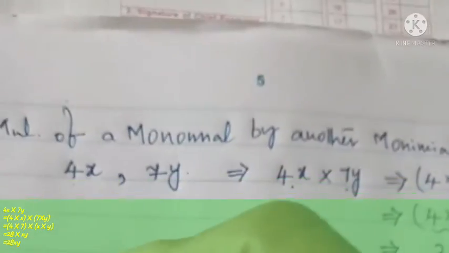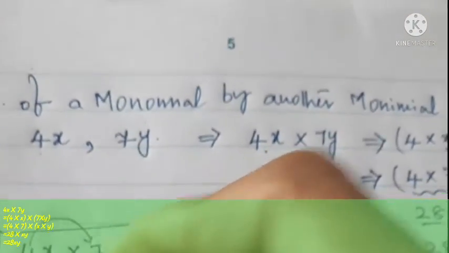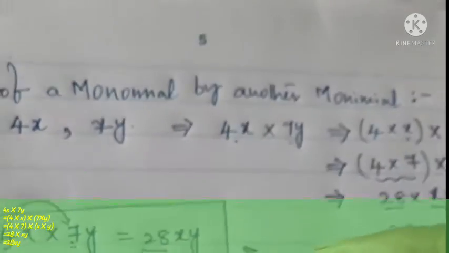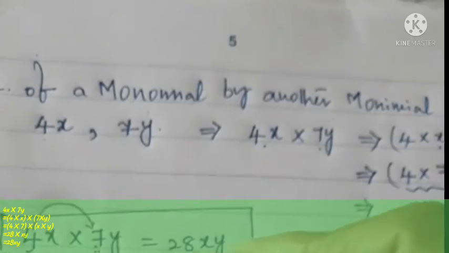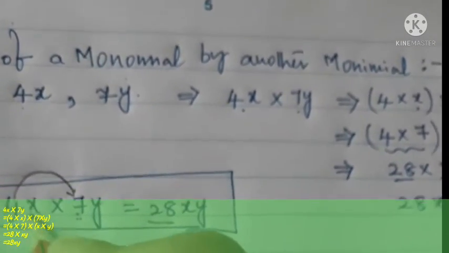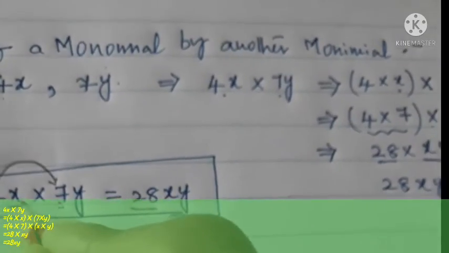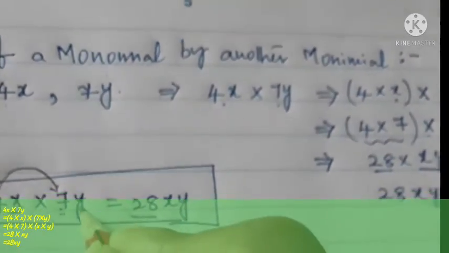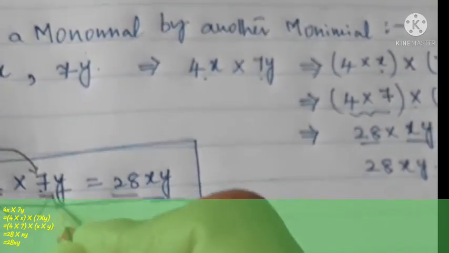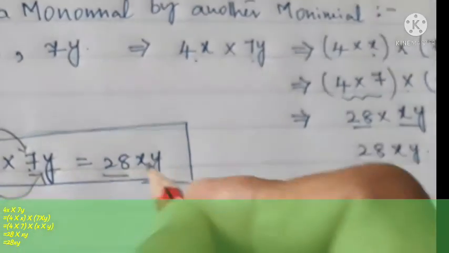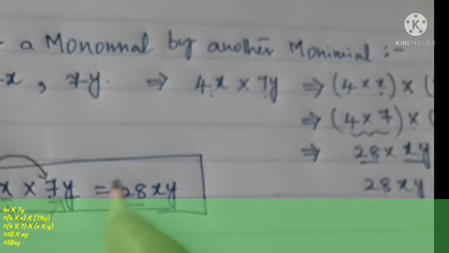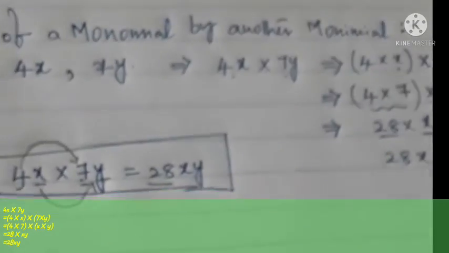So 4 sevens are 28. That you should write first here. Next, what is the remaining factor of the first term? x. And in the second term, y. So these two are multiplied together. So x into y can be written as xy. Simple. So 4x into 7y is nothing but 28xy.